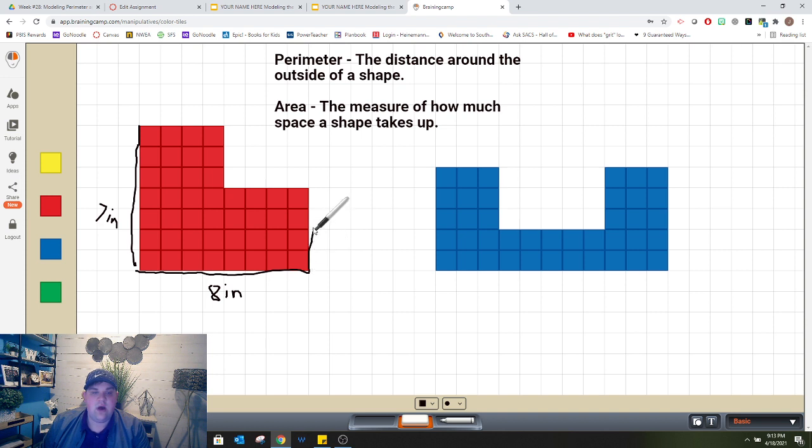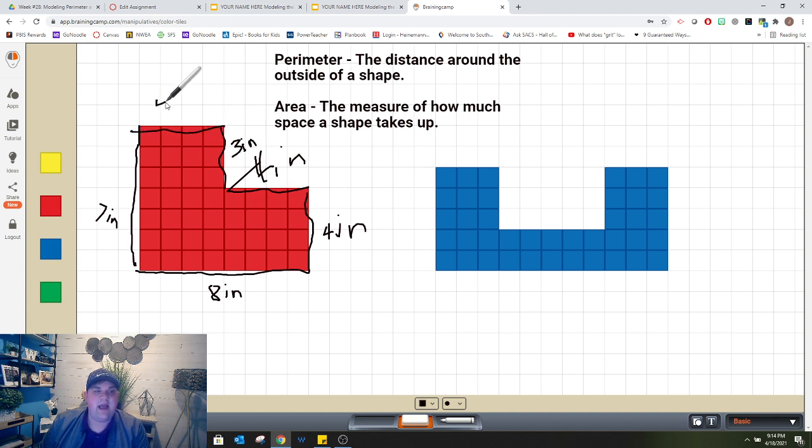Now to go up towards the top, there's 4 inches. And then over is 4 more. Then it's 3 to get back to the top. And 4 to get all the way back to the start.